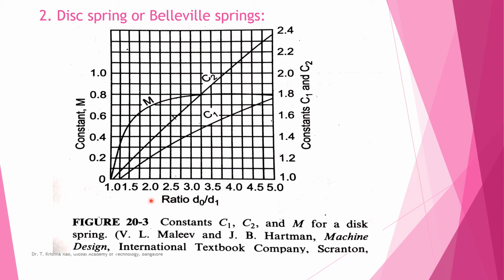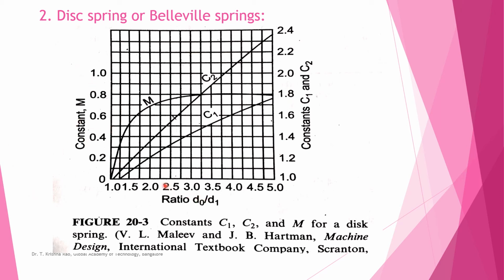Just for example, the ratio of D naught by Di is 2, here 1.5, 1.75, 2 is this line. Go along this, and there are 3 curves here, one for C1, one for C2, one for M. C1 and C2 are to be selected from the y-axis on the right side. M should be selected from the left side of the figure.